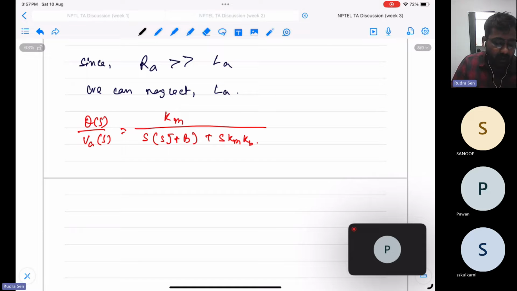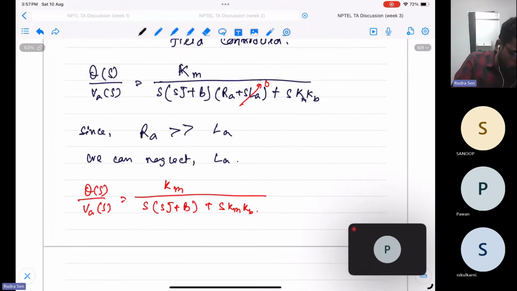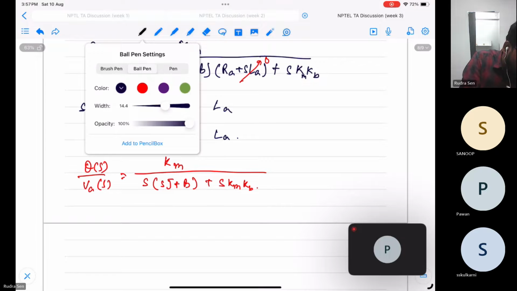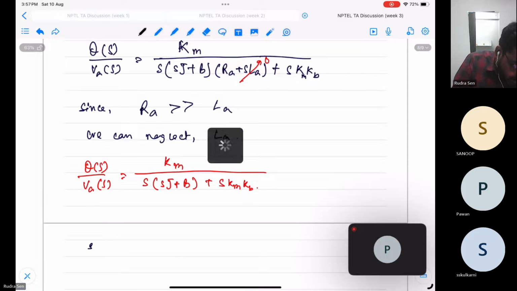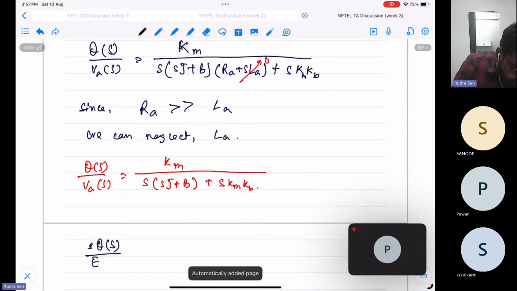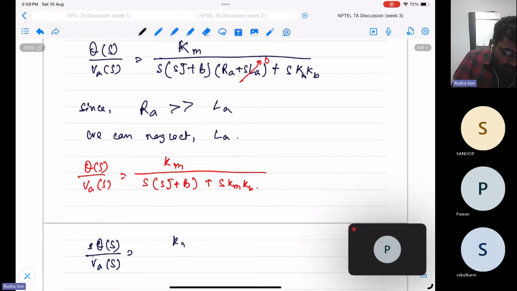Now this has become a second order system, and a second order system is a stable one. If all the coefficients in the polynomial of the denominator are positive, then the system is stable, and the root locus will lie on the left hand side of the complex plane. And if we consider speed versus the transfer function with respect to VAs, whether you consider La or not does not matter.